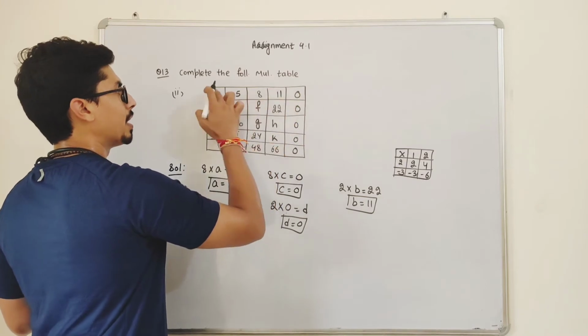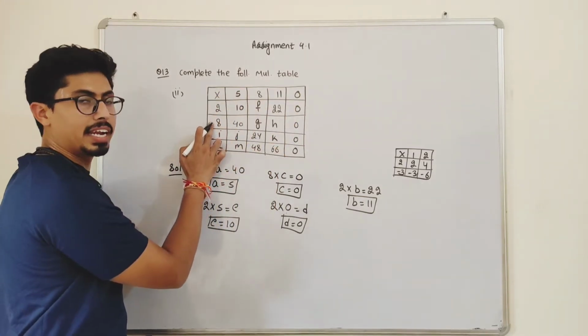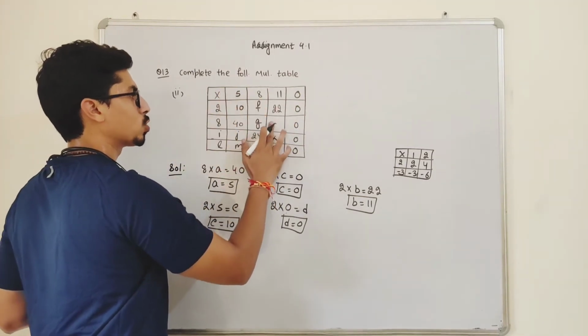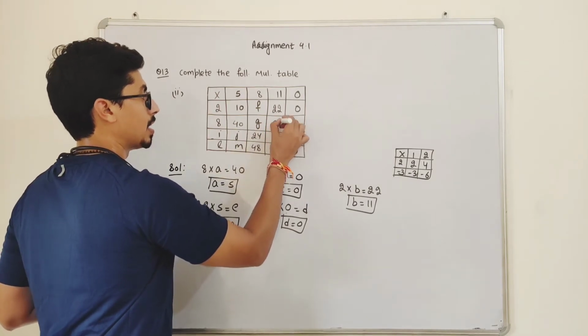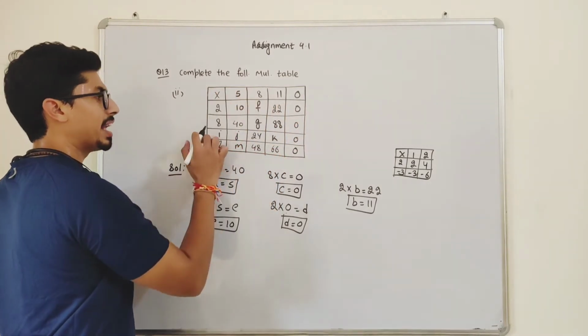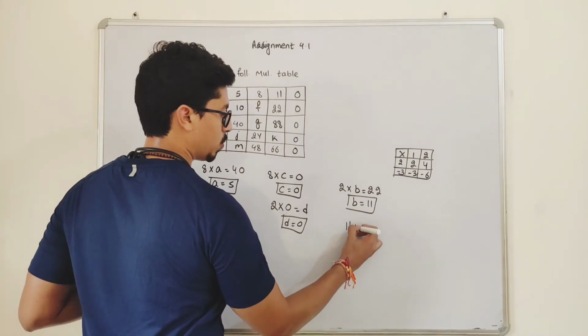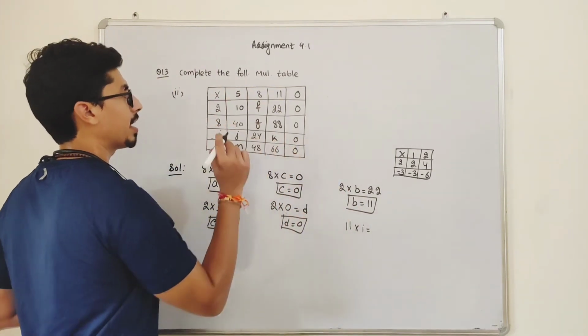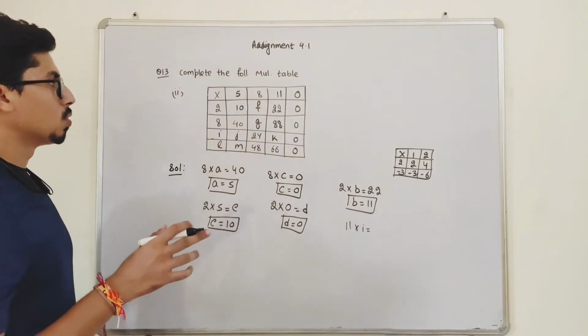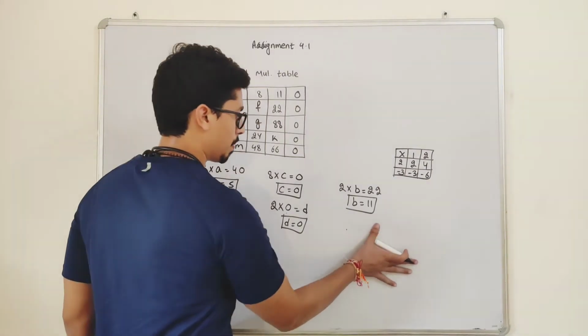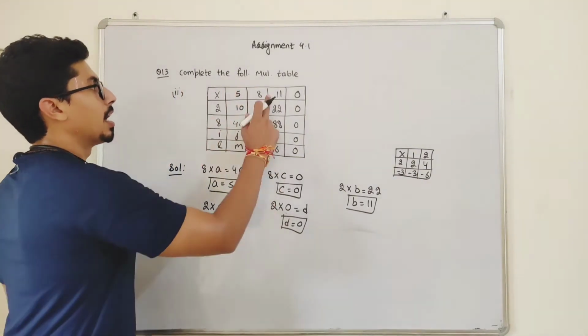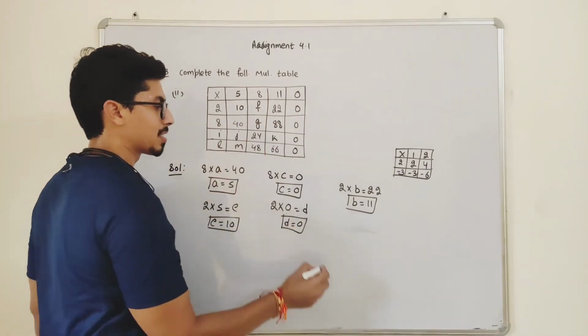Now 11 into 8 is 88, so it will be 88. Similarly 11 into I is K, I don't know that yet. So let us take another example, I can't solve it yet. 11 into L is 66, yes.